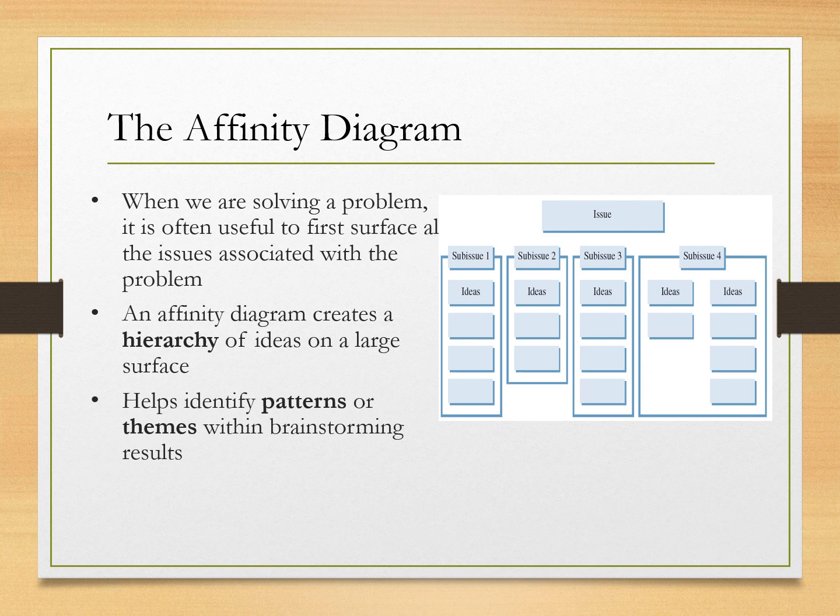And that's exactly what the affinity diagram does. It helps you to create a hierarchy of ideas on a large surface, usually a wall or whiteboard. And the beauty of this tool is that it helps you identify patterns or themes within all those brainstorming results. Instead of looking at 100 random ideas, you start to see natural groupings emerge.